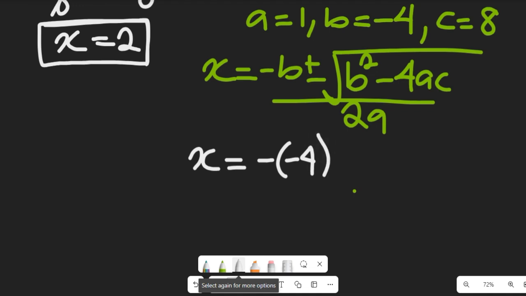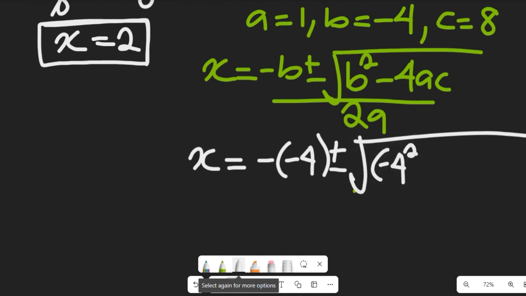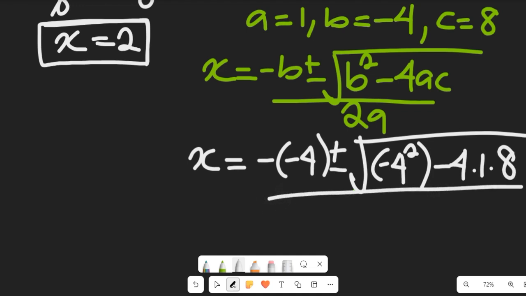And that will be plus or minus the square root of negative 4 squared minus 4 multiplied by 1 multiplied by 8, which is c, and all this will be divided by 2 multiplied by 1.